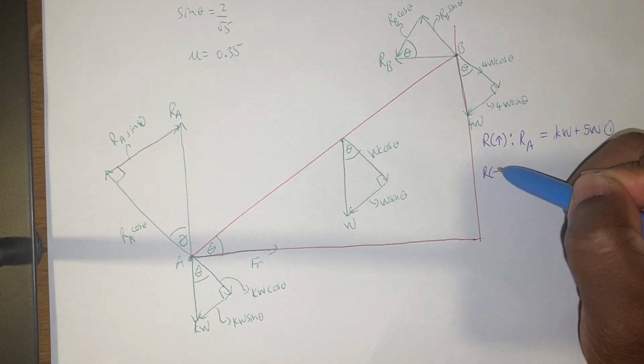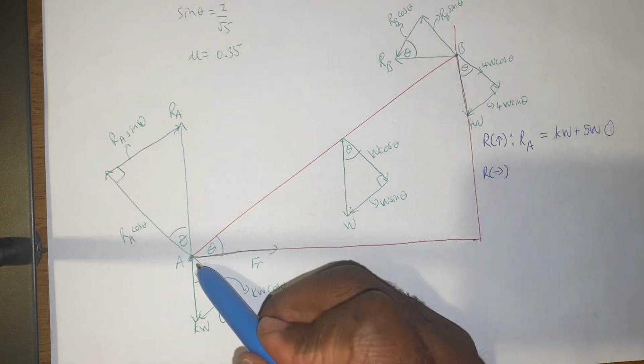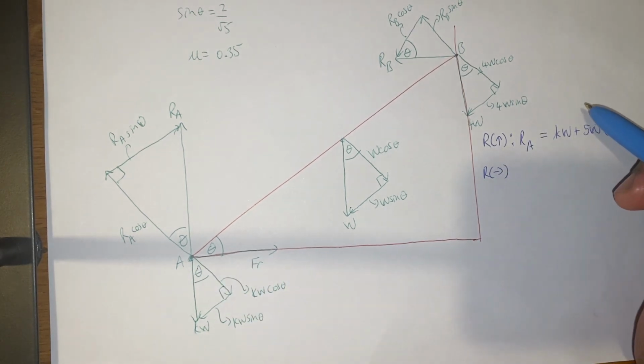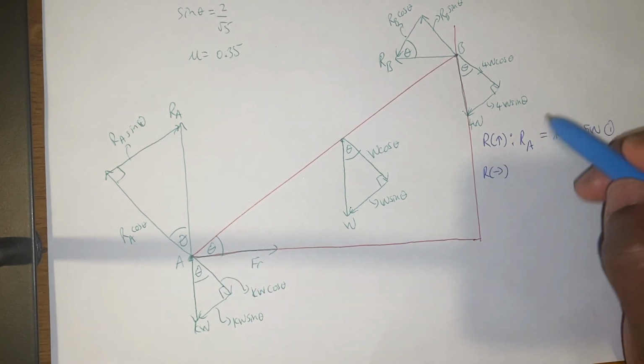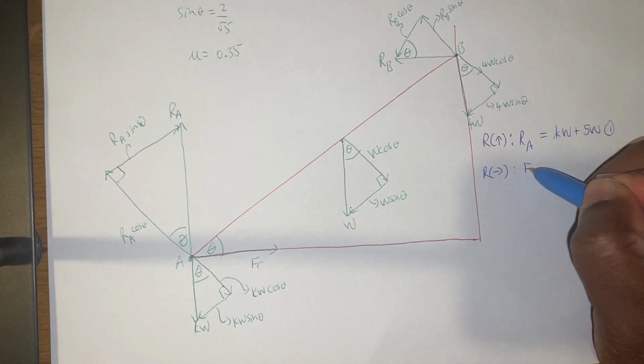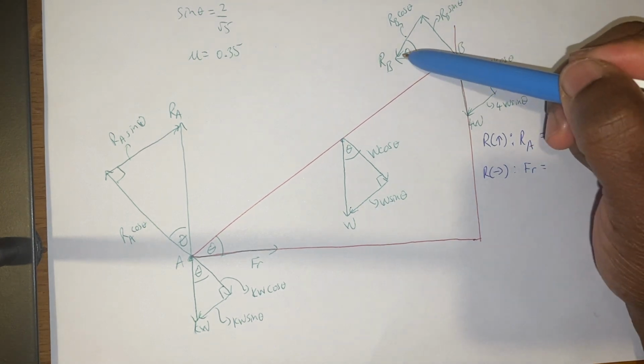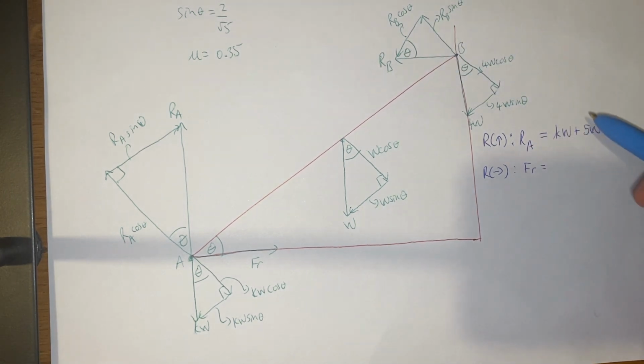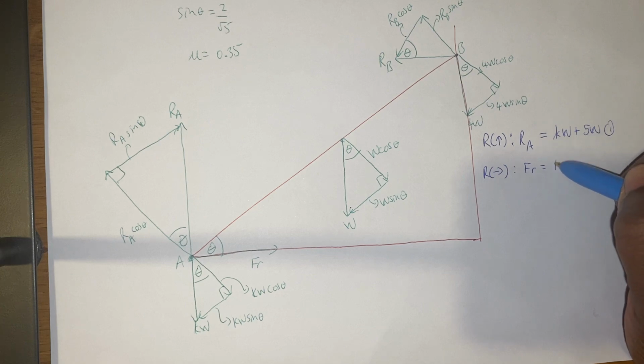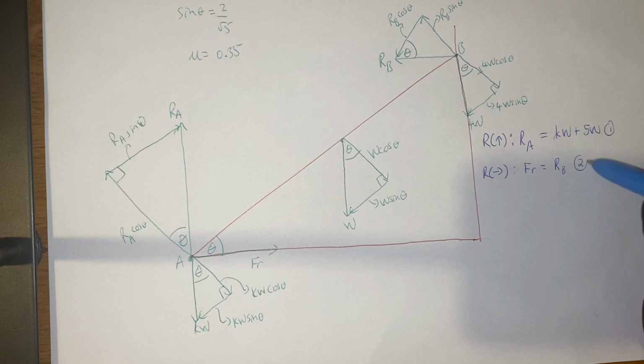Then we're going to resolve horizontally. The force acting to the left, which will be friction, is going to sum to the force acting to the right, which in this case is RB. And then that is equation 2.